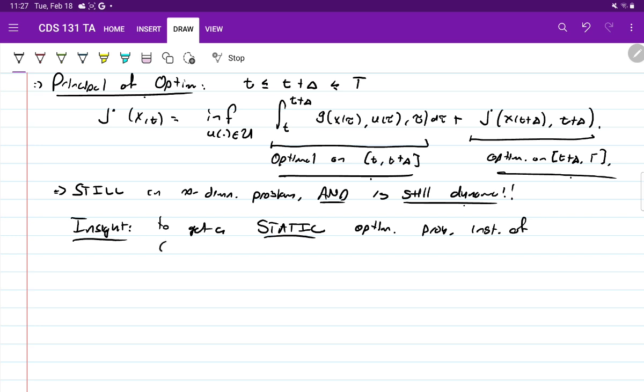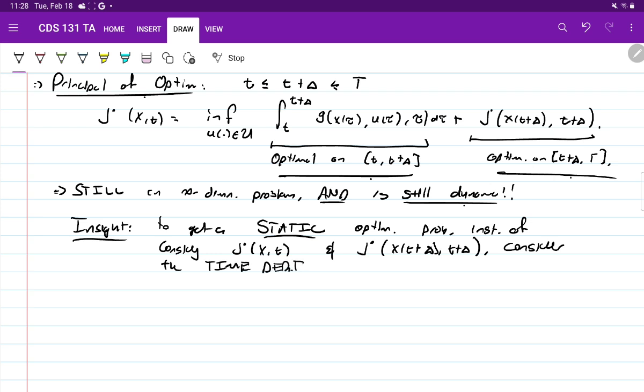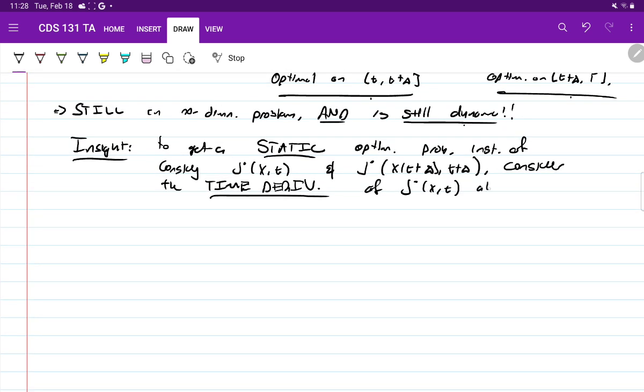Instead of considering J star of x comma t and J star of x of t plus delta, what you do is you consider the time derivative of J star of x comma t along an optimal trajectory.